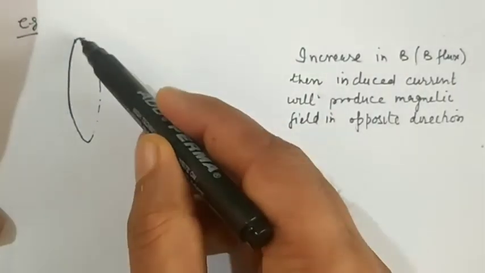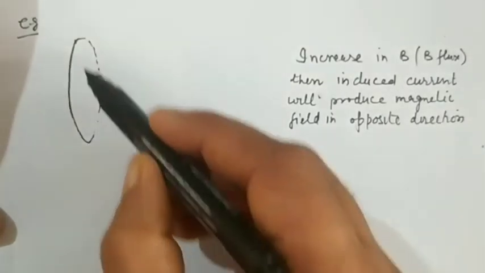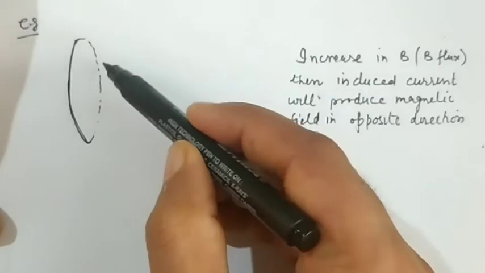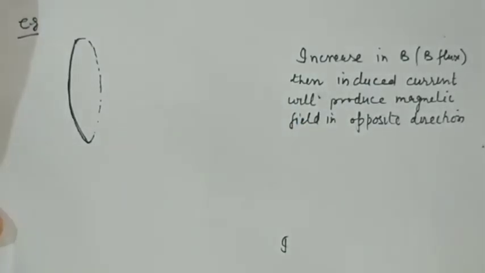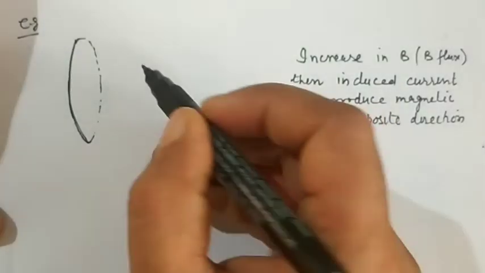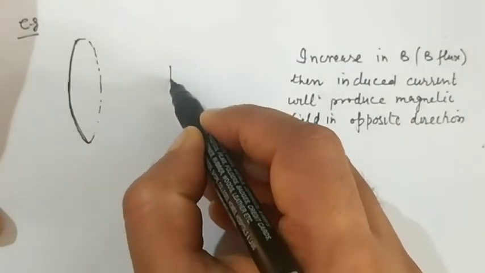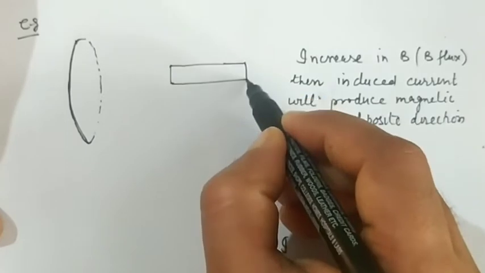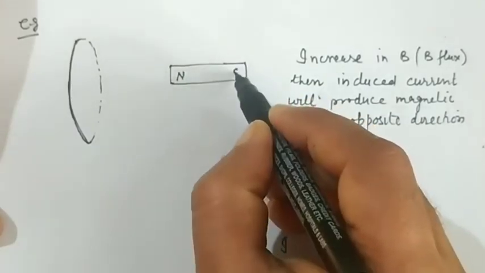So I considered this is a loop, and this part of the loop is towards you and the dotted line part is away from you. I have a bar magnet having north pole and south pole.